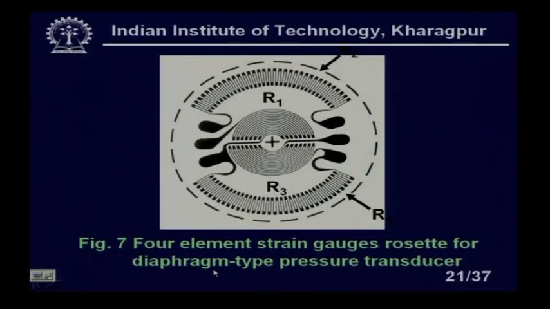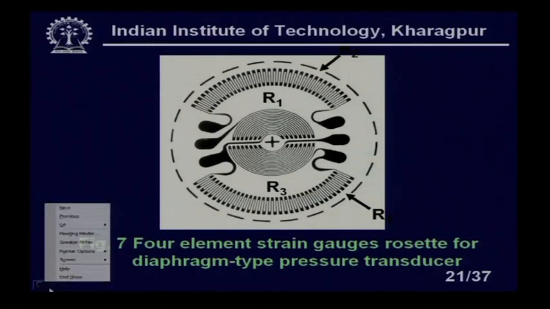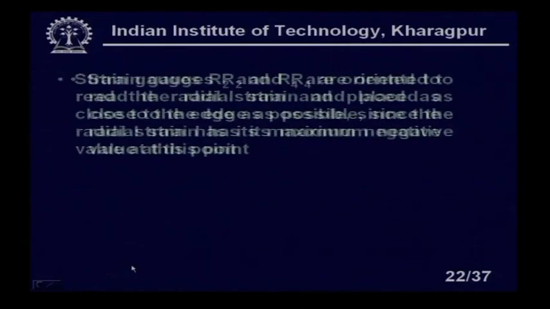Now, you see here what will happen. This is at the circumference. This is R2, it is not coming anyway, so I can draw it here.